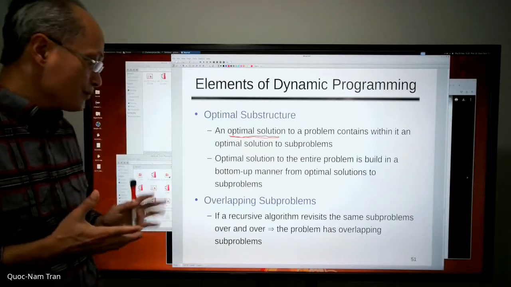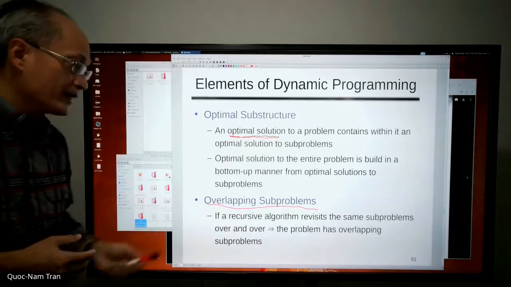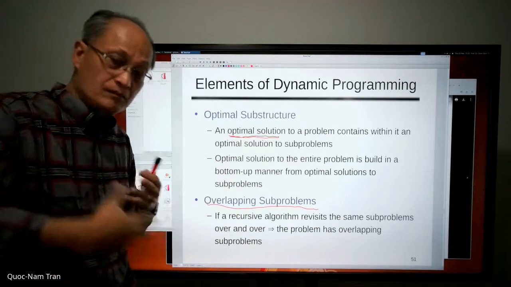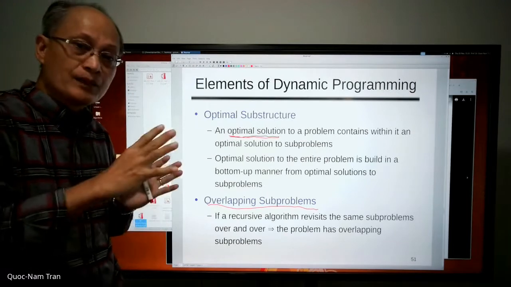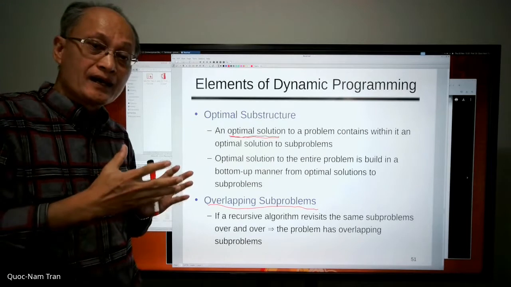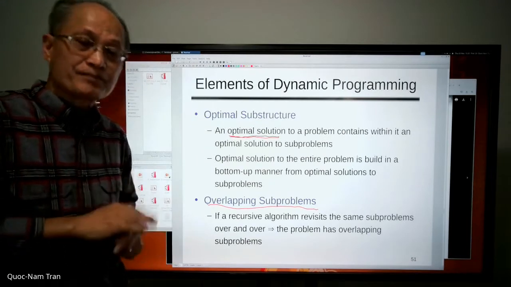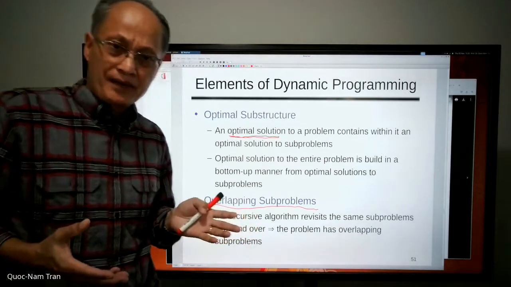So it's very important. So we need to see the overlapping, so instead of calculating the results recursively, we simply reuse the one that we already remembered, okay? That is the idea of dynamic programming.